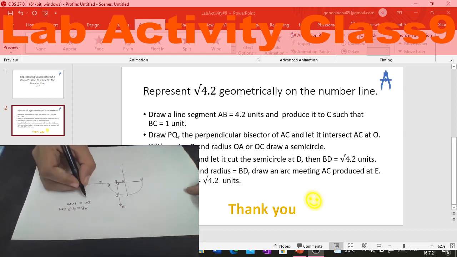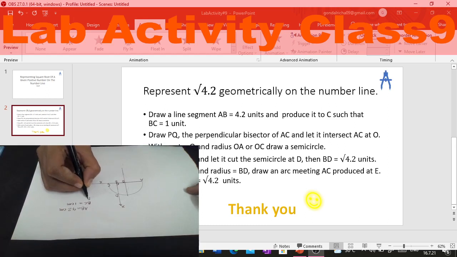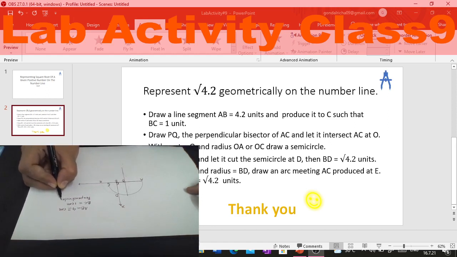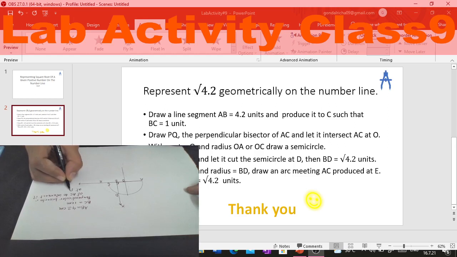Then we have drawn the perpendicular bisector of AC to intersect it at point O.